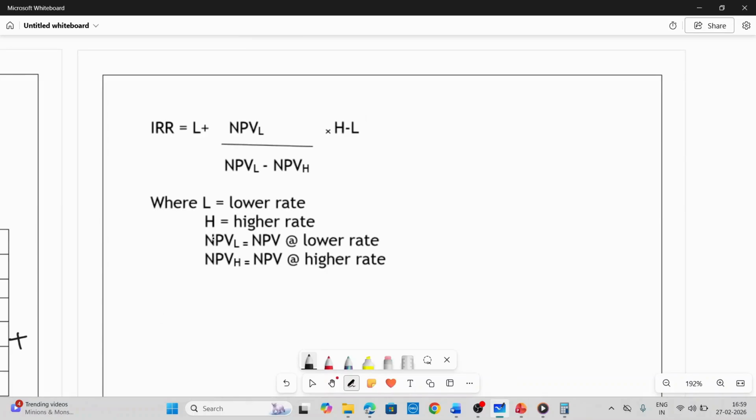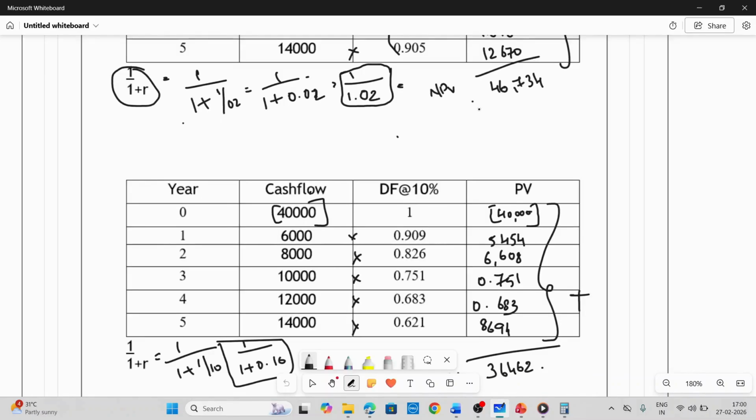So IRR is equal to L plus NPV L divided by NPV L minus NPV H, into H minus L, where L is the lower rate. Let's highlight this NPV with red, and this NPV with purple. Now let's move to the problem.